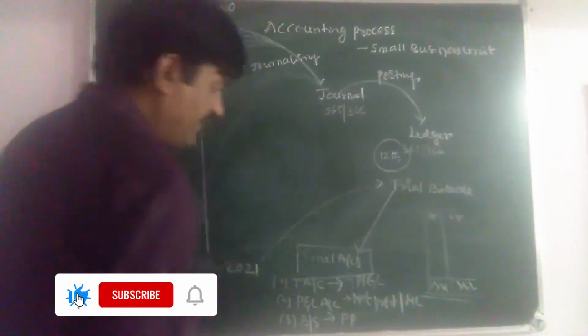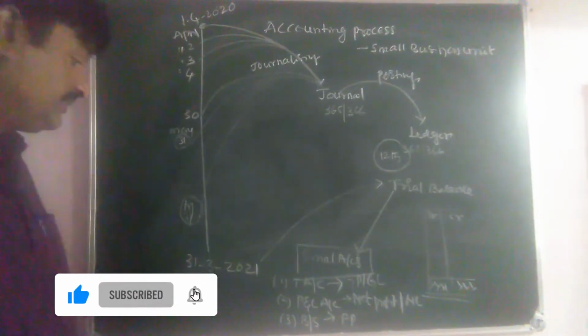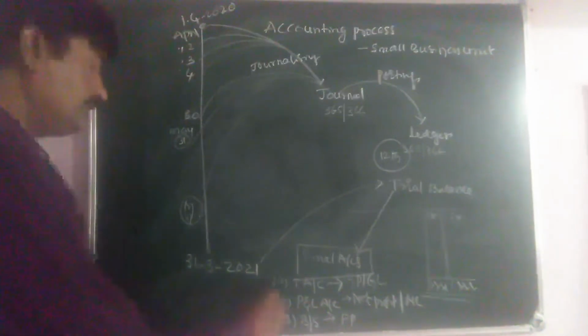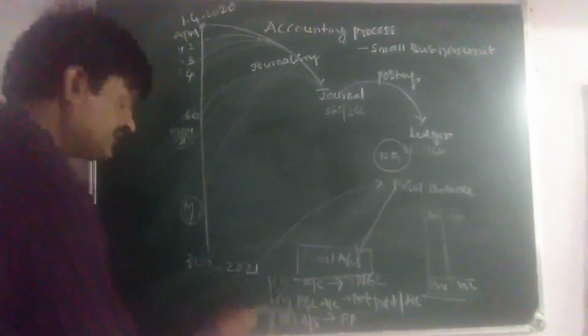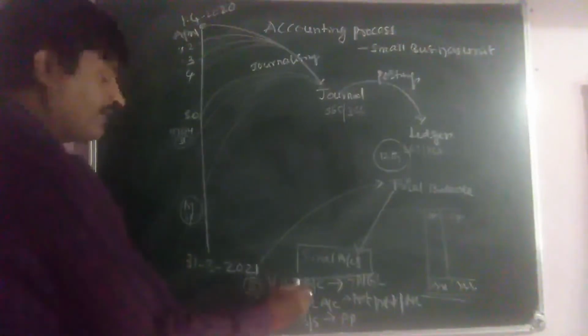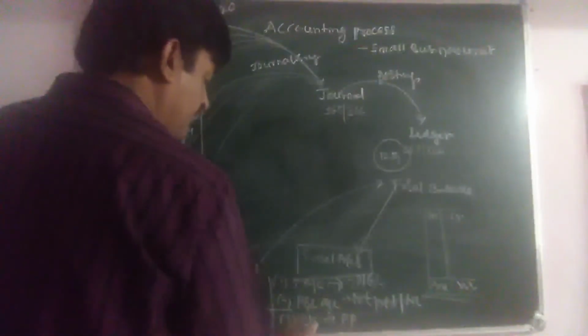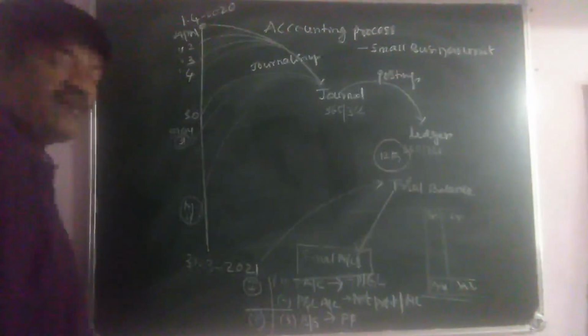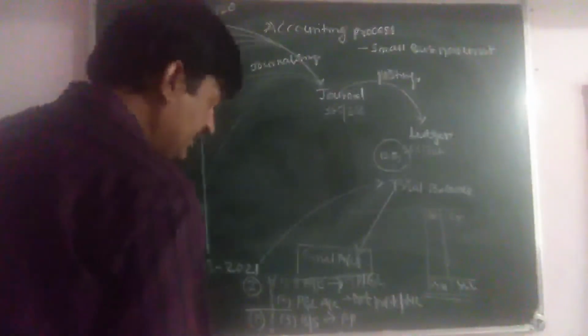After preparation of the financial statement, that is the position statement, the financial statements consist of 2 statements. Income statement. Income statement consists of preparation of trading account and profit and loss account. And position statement is nothing but preparation of what? Preparation of balance sheet.